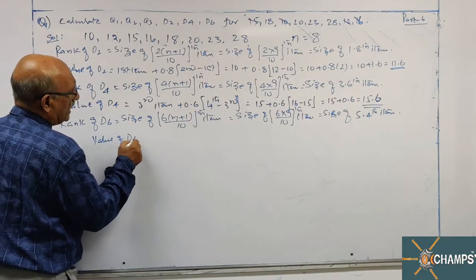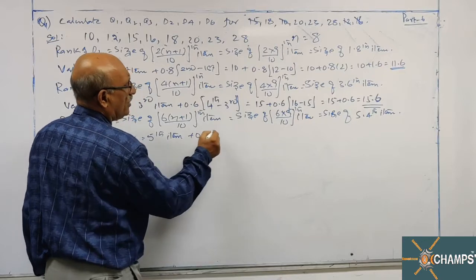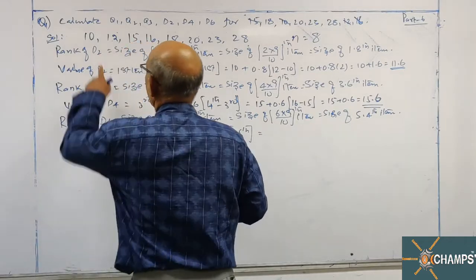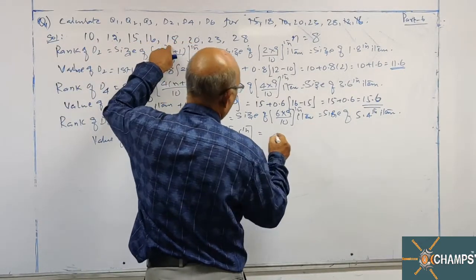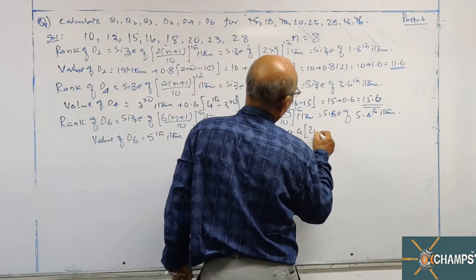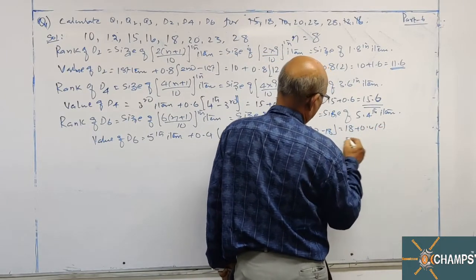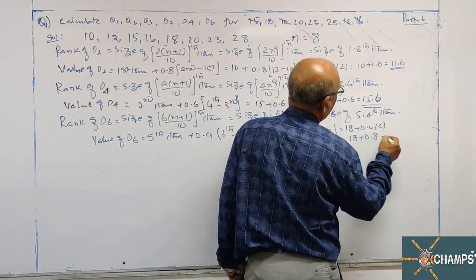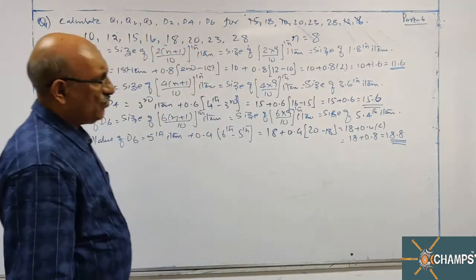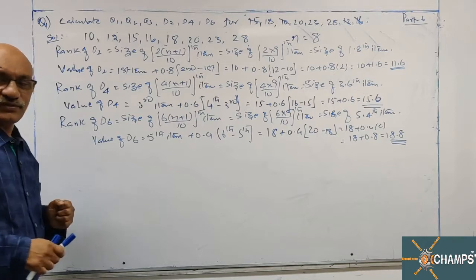Value of D6 is fifth item plus 0.4 into (6th minus 5th). Fifth item is 18 plus 0.4 into (20 minus 18). 18 plus 0.4 into 2. 18 plus 0.8, 18.8. This is the value of D6.